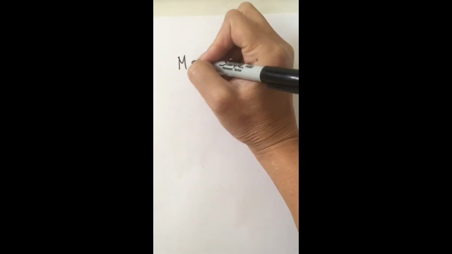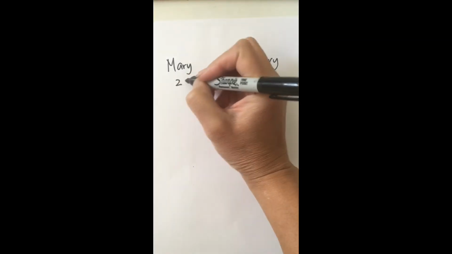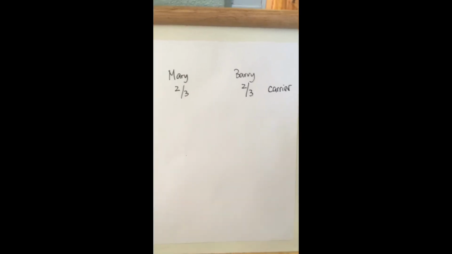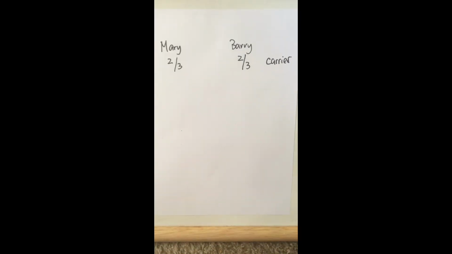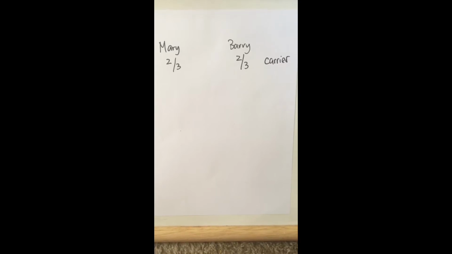Okay, so we now know that Mary and Barry each have a 2/3 chance of being a carrier for thalassemia. And so now you have to figure out all of the things that have to happen in order for them to have a child with thalassemia.